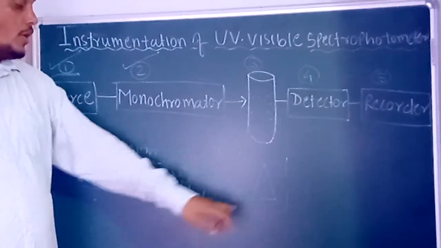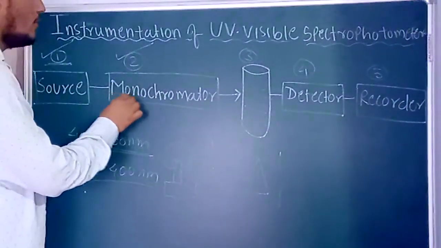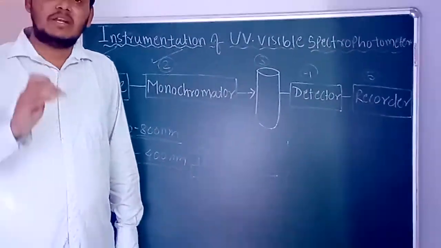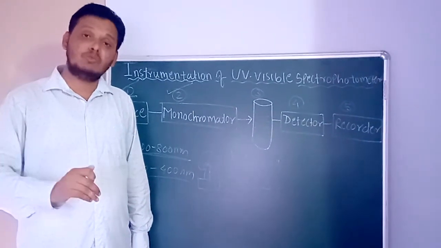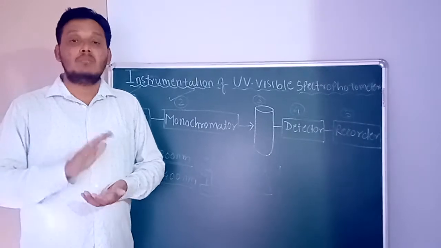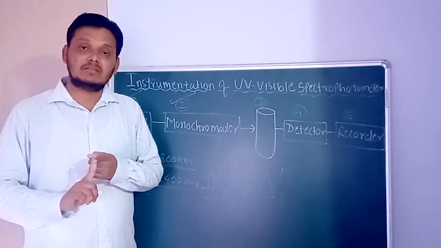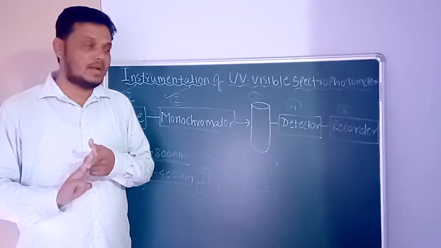So I will again repeat: a monochromator is a device which can convert polychromatic radiation into monochromatic radiation. It consists of three different parts: entrance and exit slit, lens or mirror, and dispersing medium.